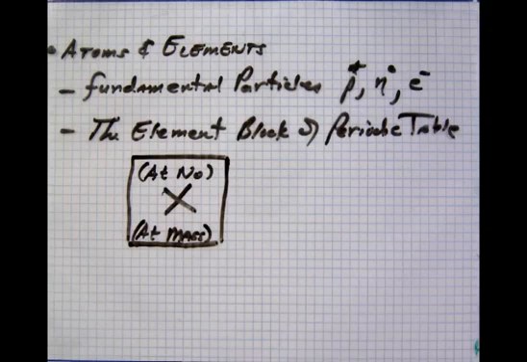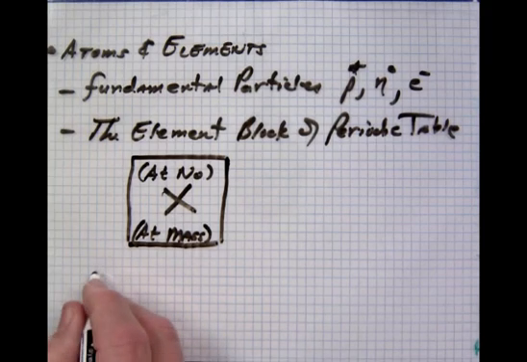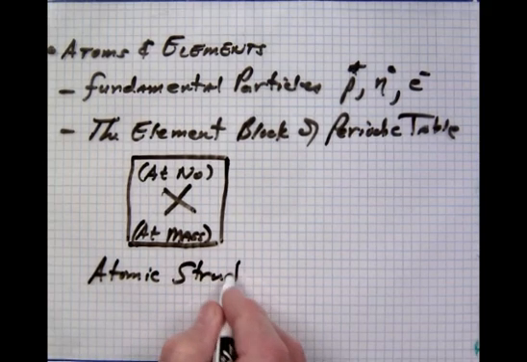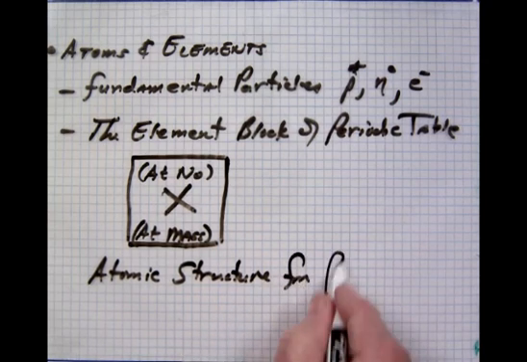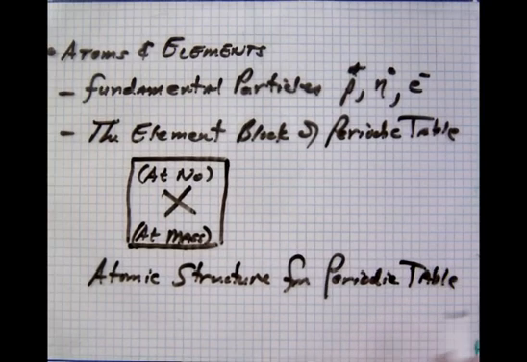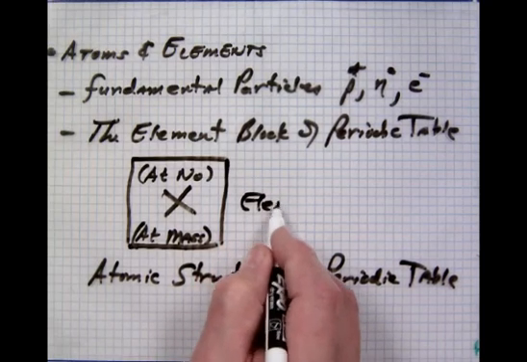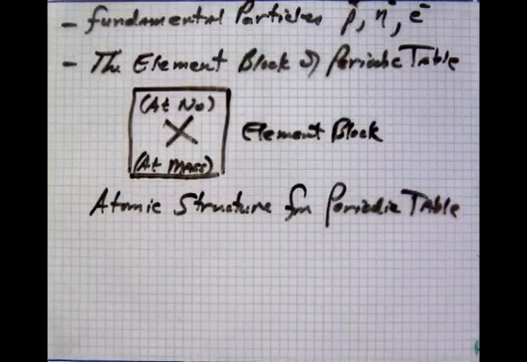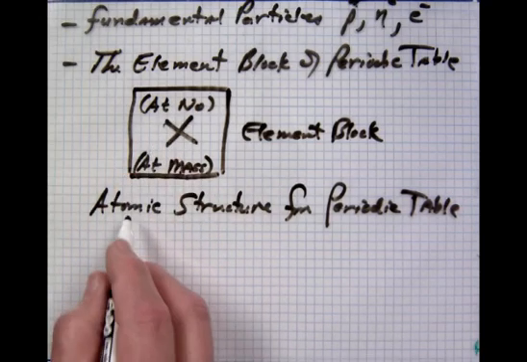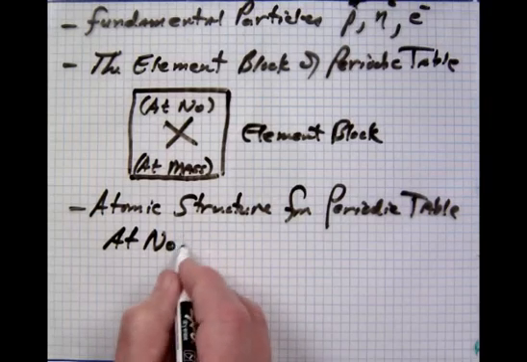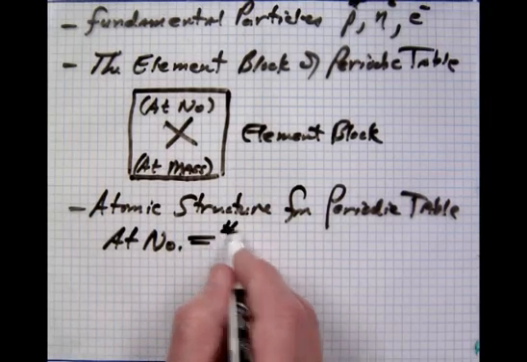The structure from the periodic table, of course, the element block. Now, basically, you'll need the 2 issues, atomic number and atomic mass. The atomic number is the number of protons in the nucleus.